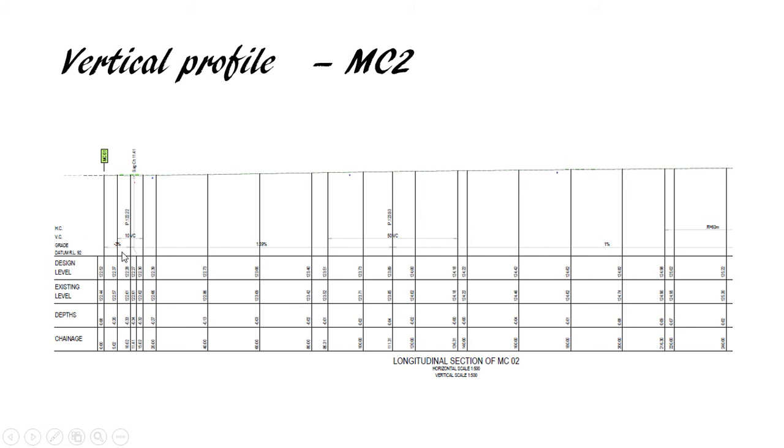It has to be 3%, and because this is a sag curve, we tend to go for a length of 10 VC. As I said earlier, the minimum length of the sag curve is 8 meters based on the graph. So we have provided 10 VC as the length of the sag curve, and the crest curve comes to 50 meters. So this is the grading of MC1 and MC2.